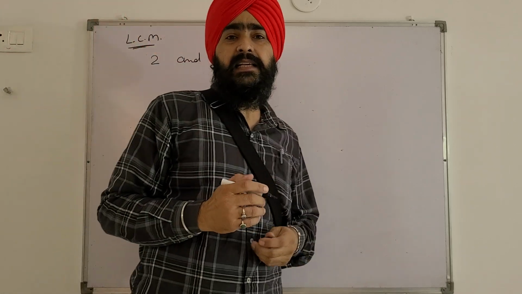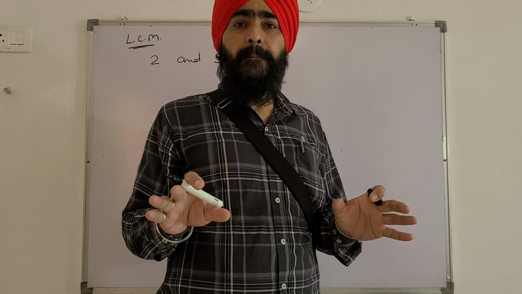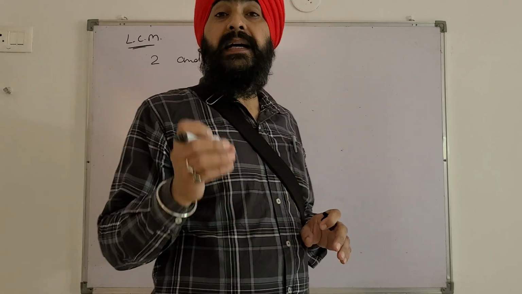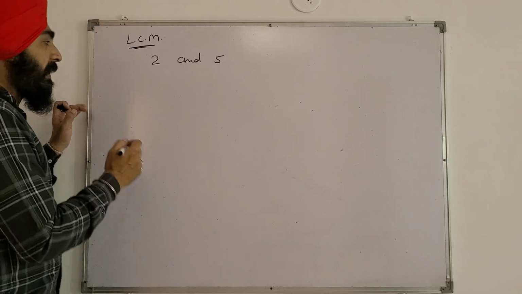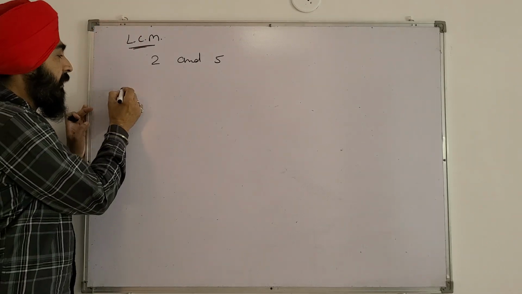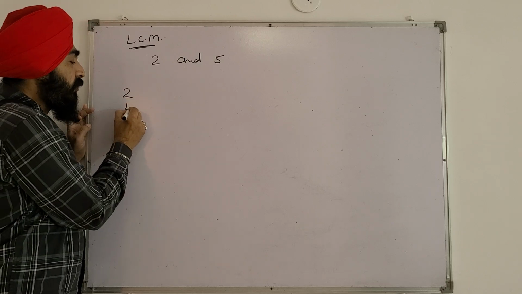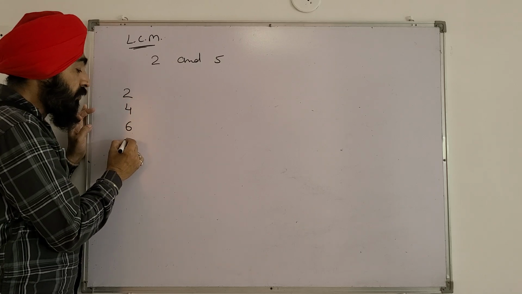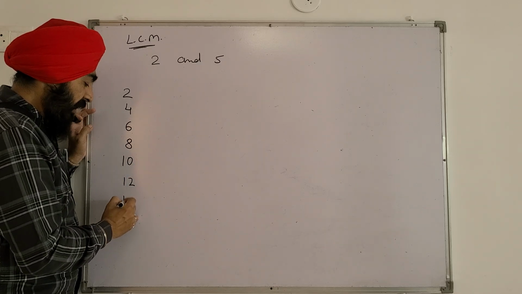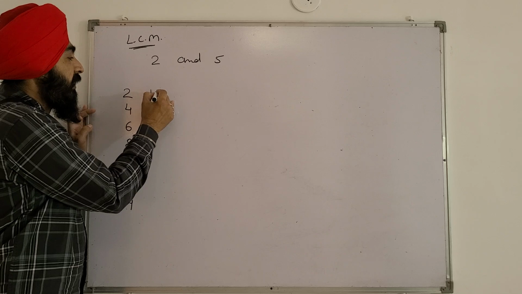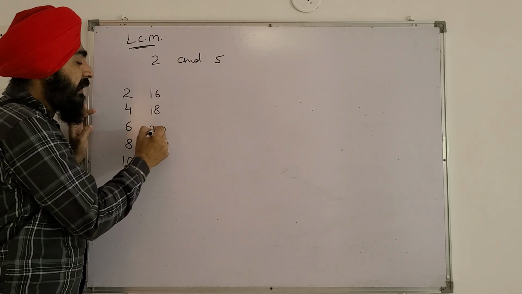What is LCM? Least common multiple. Not by the full form; you have to understand it by the meaning. You know what a multiple is? If we write the 2's table: two ones are, two twos are, two threes are, two fours are, two fives are, two sixes are, two sevens are, two eights are, two nines are, two tens are.